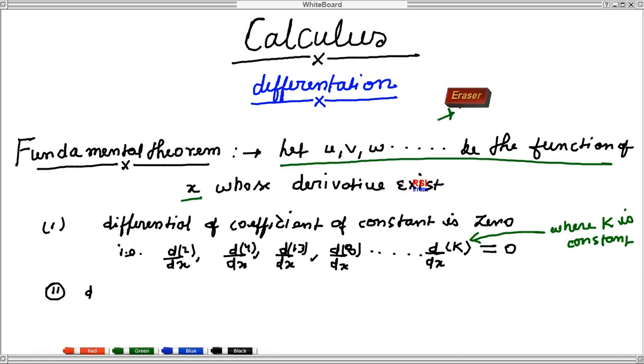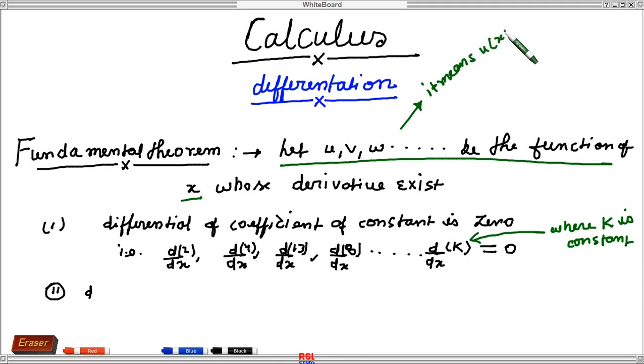Let u, v, w be functions of x whose derivative exists. It means u, v, w are functions of x, which means u(x), v(x), w(x), and so on.